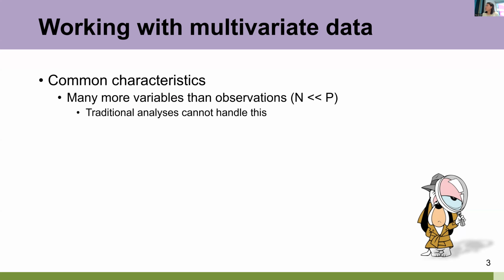The other issue is that when you work with multivariate data, you have a lot of variables that usually don't meet the assumptions of traditional statistics. For example, I don't know if you remember the assumptions for your traditional t-tests and ANOVAs. You assume your variables are homogeneous, which means their variances are the same.